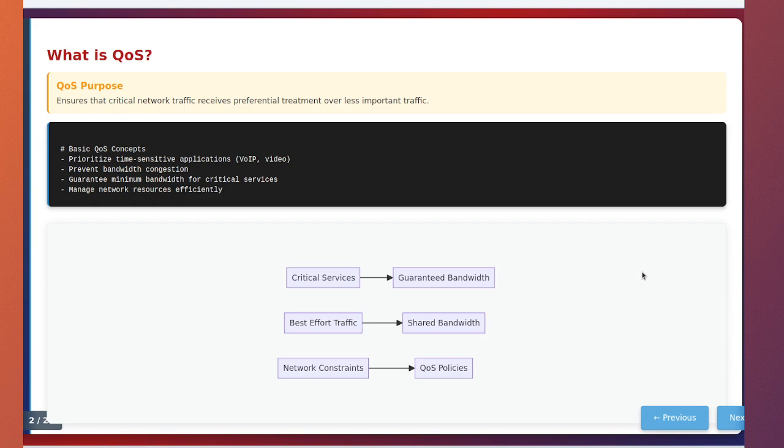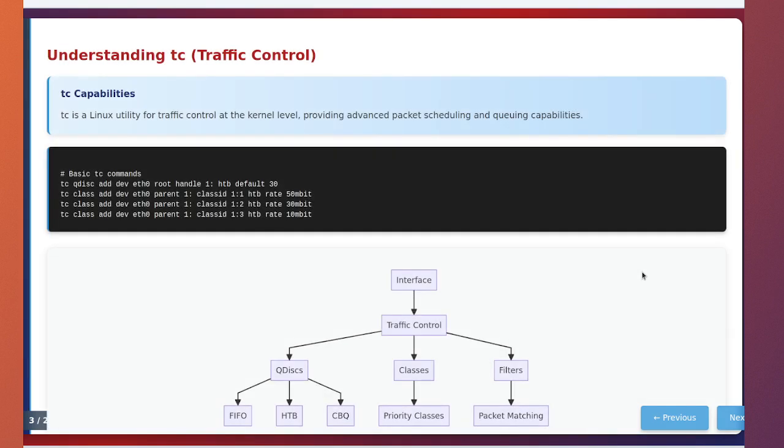Without QoS, these applications may compete unfairly for bandwidth, resulting in poor performance for time-sensitive traffic like voice or video conferencing. QoS allows network administrators to prioritize critical traffic by applying policies that control how packets are queued, scheduled, and transmitted over the network.